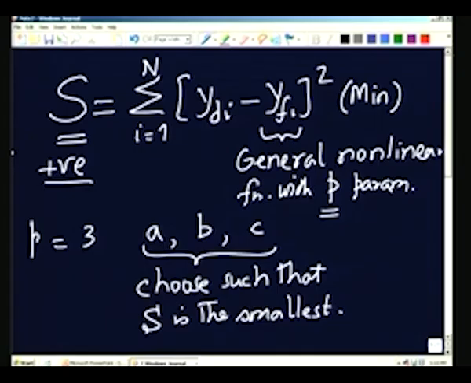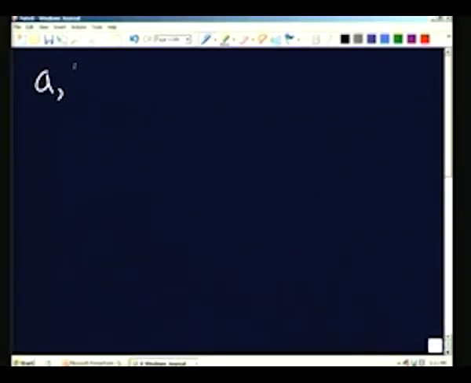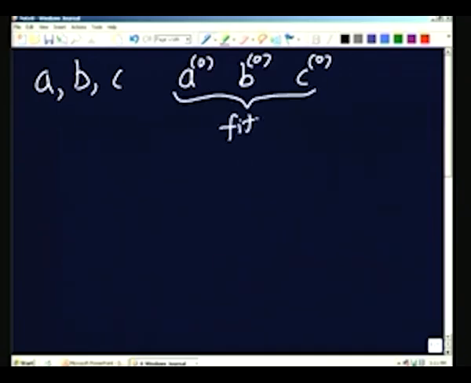So, suppose I make a sketch of S. You remember that I have A, B and C. If I use values, let us say A naught, B naught, C naught, arbitrarily chosen as three different constants which describe the fit, we will call it the fit parameter set.